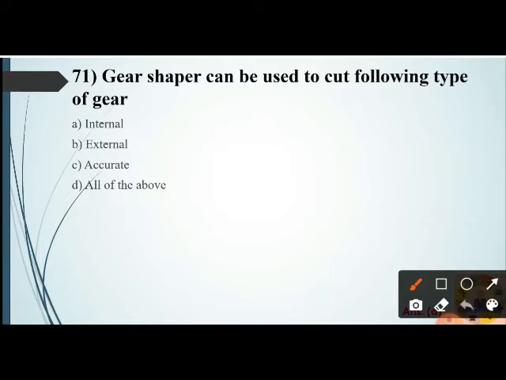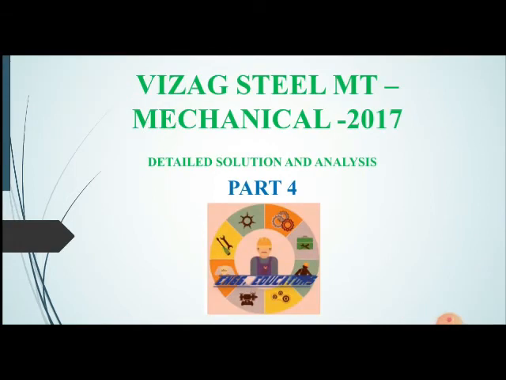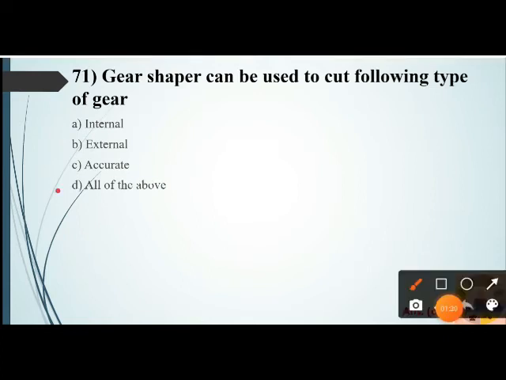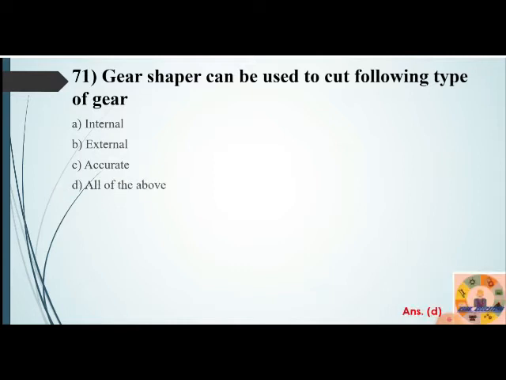So the right option for this question will be option D, all of the above, because we know the gear shaper is a machine tool which is used for cutting teeth of internal or external gears. It is also a special type of machine tool of the shaper machine. So the right option for this question will be option D.